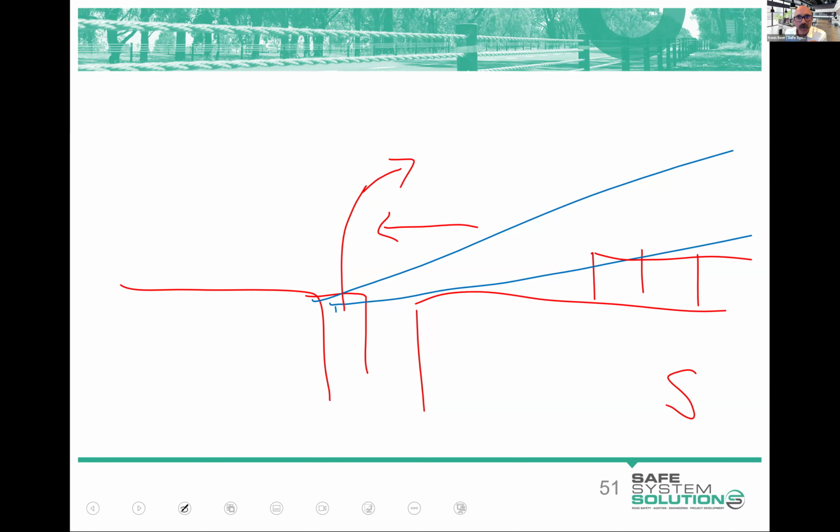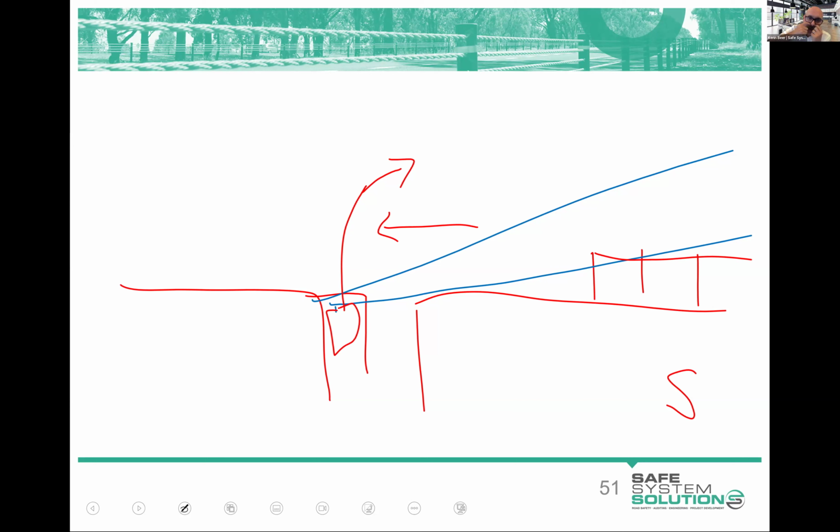And the answer is no. Because this person can still make a bad judgment call as to when to go. Okay, they're less likely to do that, absolutely, because they've got open sight lines. We still know we've got plenty of intersections out there that have perfect sight lines, right? But people still pull out in front of cars and they're struck at high speeds.